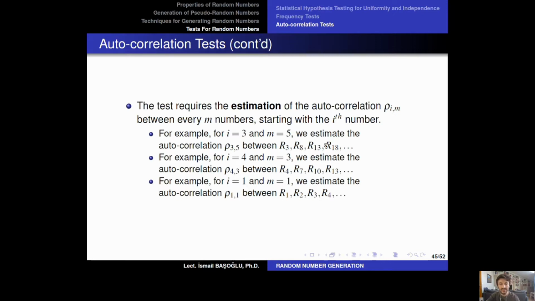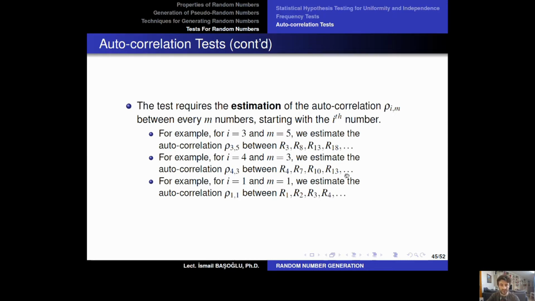So this subsequence is created starting at the ith index, moving ahead at every mth index. Our objective is to check the autocorrelation within these subsequences, whether there exists a dependence structure between every fifth number starting from the third index. Similarly, we can check the autocorrelation of the subsequence starting from the fourth index and moving ahead with a step of 3.